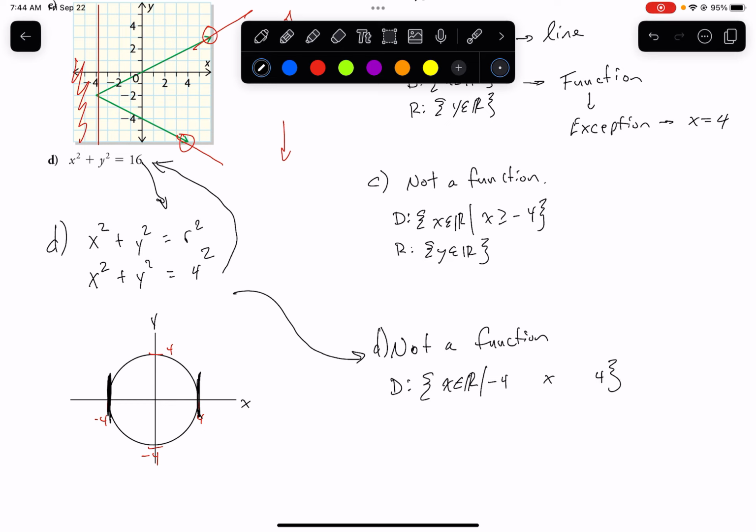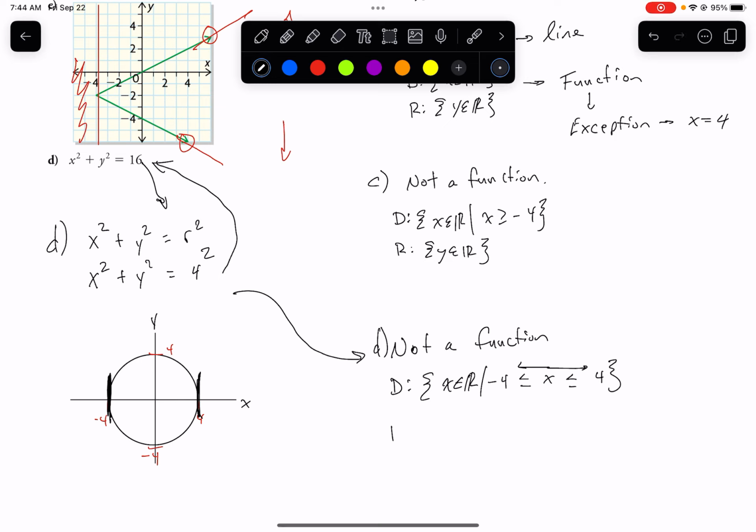And what you're going to say is x is greater than or equal to negative 4, and x is less than or equal to positive 4. That's how you would write the domain. You start in the middle and read outward. What's great about this particular notation is this never really changes if you write it in that order: write the lower boundary, the variable in the middle, and then the upper boundary.